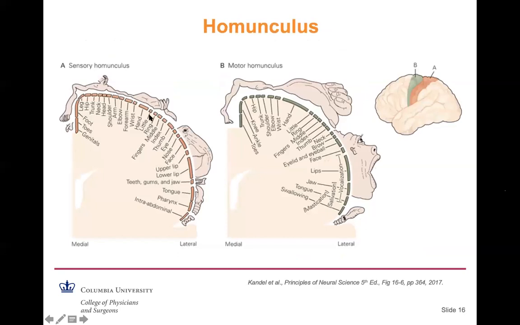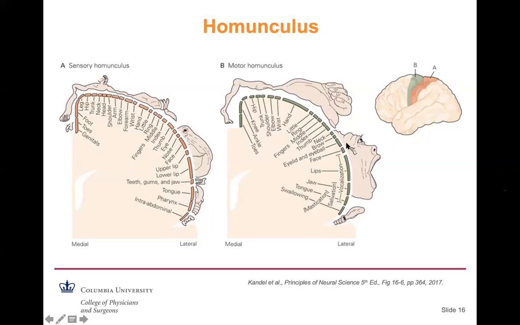Both the motor cortex and the sensory cortex are arranged in a special way, which has been described by what we call the homunculus. So the homunculus really is a representation of how the body is spaced out or represented either in the sensory cortex or in the motor cortex.